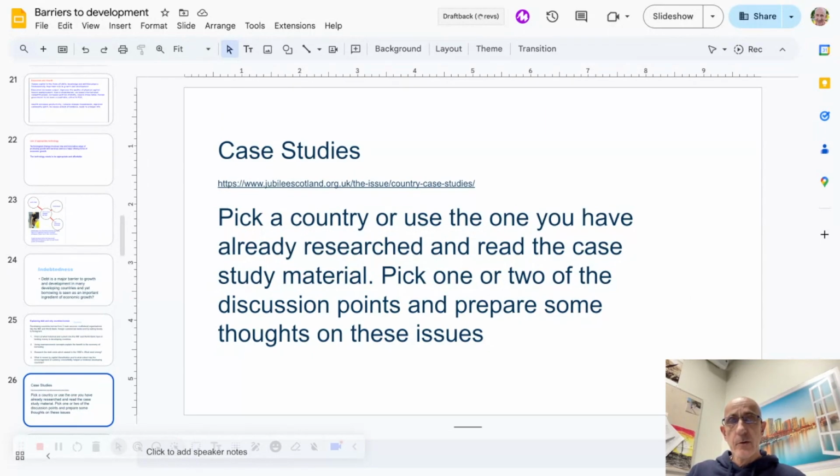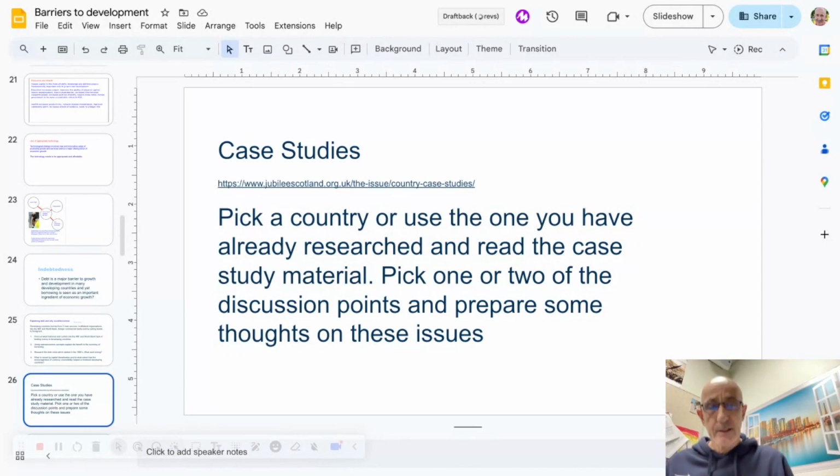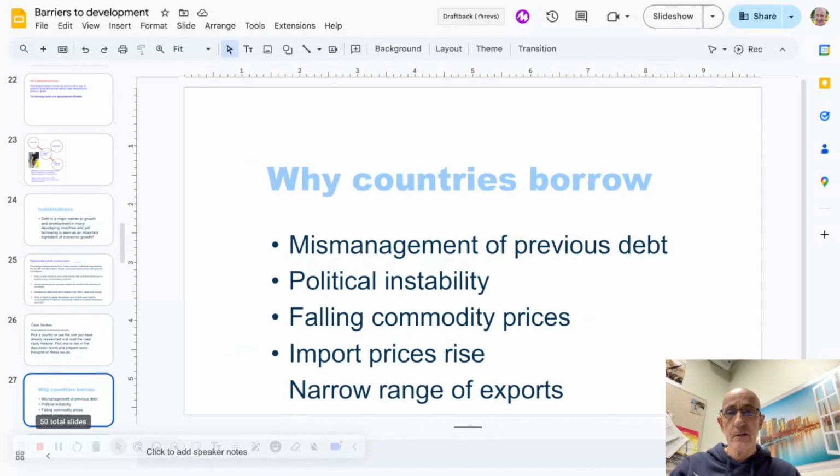Being in debt is not a problem. Developed countries have thrived on being in debt, but they're in a position where they can service that debt. Being in debt is a problem when you can't afford to repay the debts, and you can't afford, therefore, to then buy anything else. If the majority of your income earnings from exports, perhaps, is going in debt repayment, that doesn't enable you to invest in your future.